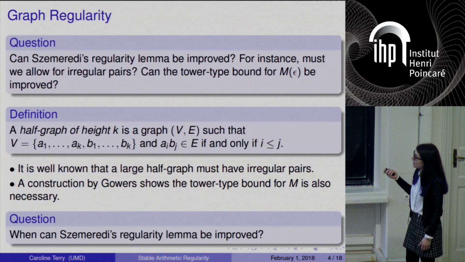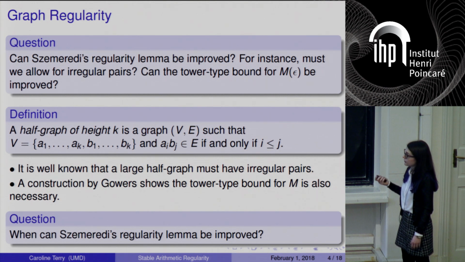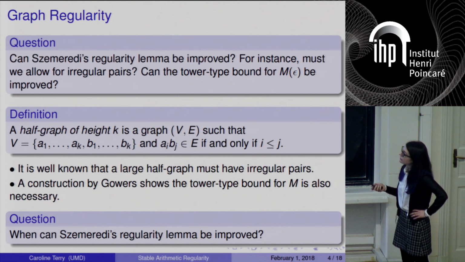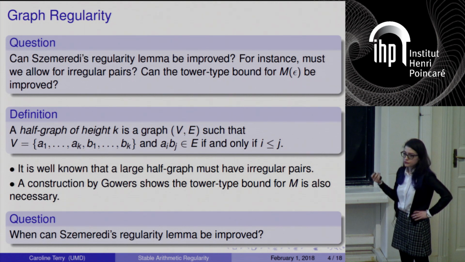That leads to the question instead, when can you improve the regularity lemma? That's the question I think is really interesting, because we can think of this as asking, when do graphs have better than usual structure?